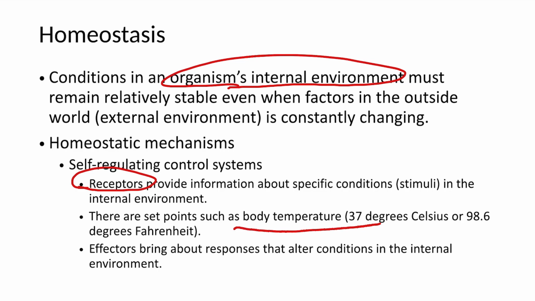And so receptors are monitoring that the body is within that range. If the receptors find that it is higher or lower, then it will talk to the effectors. The effectors will then bring about a response in order to alter the condition and allow for the body to go back to that normal temperature.